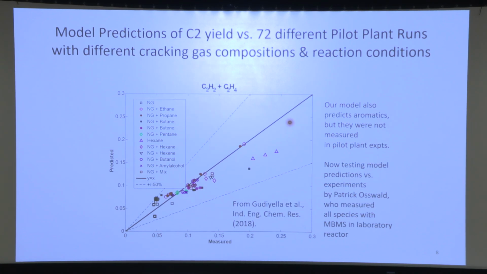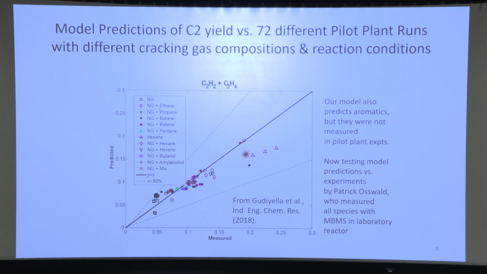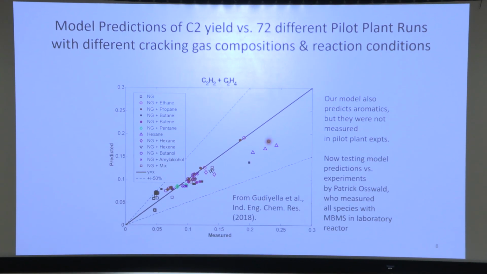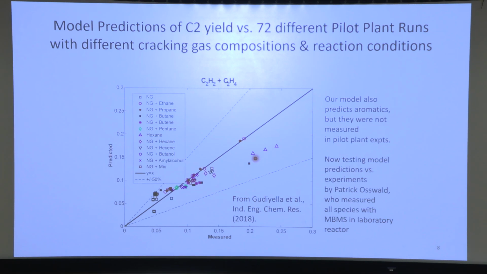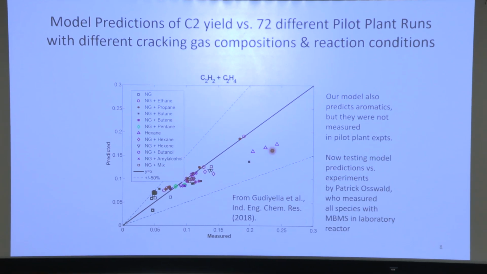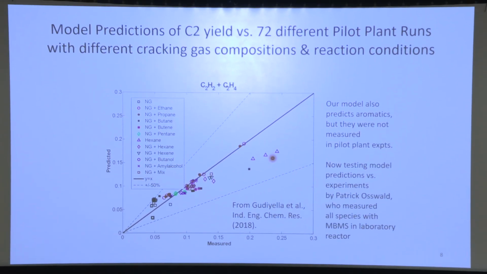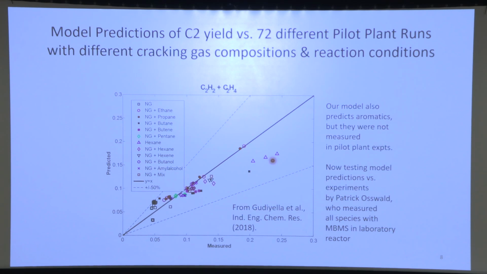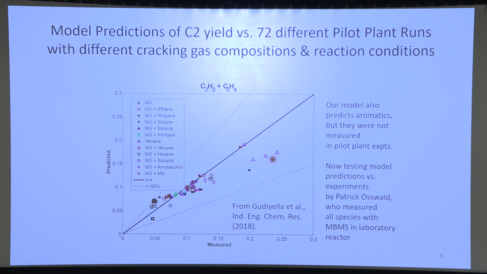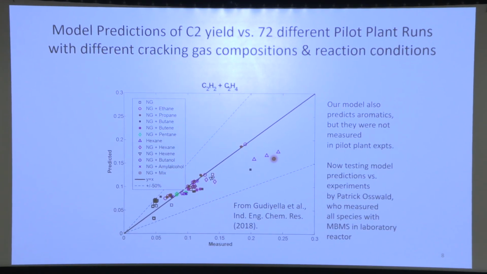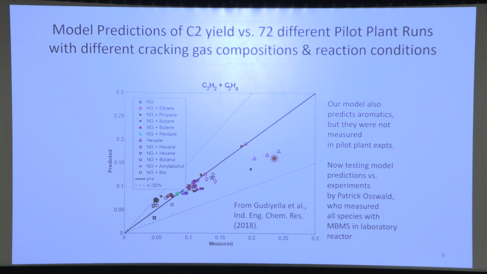From the point of view of if you were actually operating a plant, you could not tolerate this much error because your main product is the C2s, and if you're off by 20, 30%, you're going to mispredict your profit, your revenues, everything by 30%. That's pretty bad because your profit margin might be only 7%. So you might have a big problem.